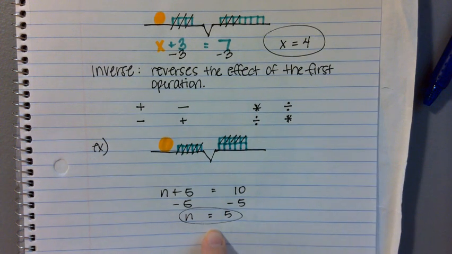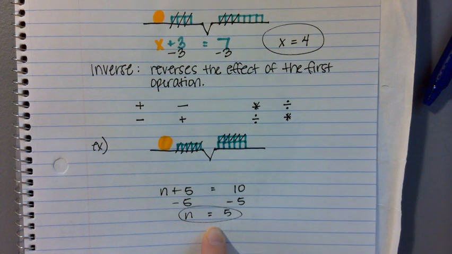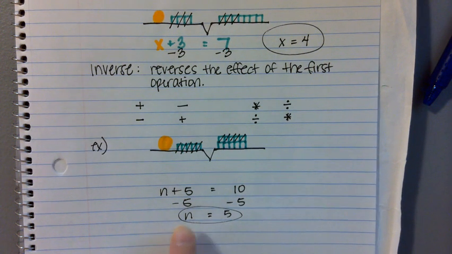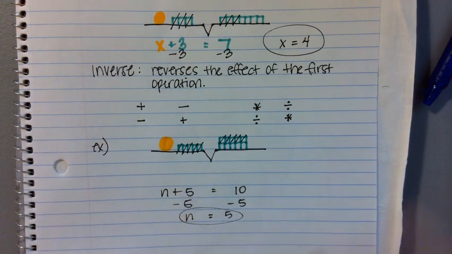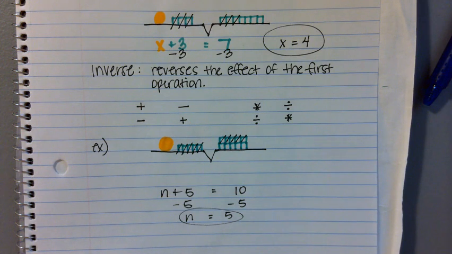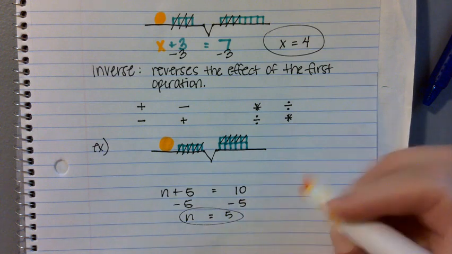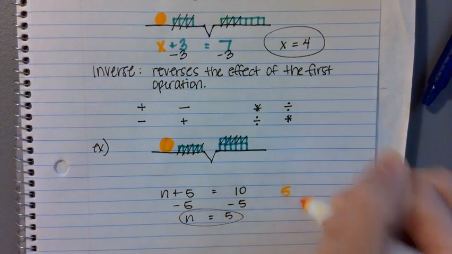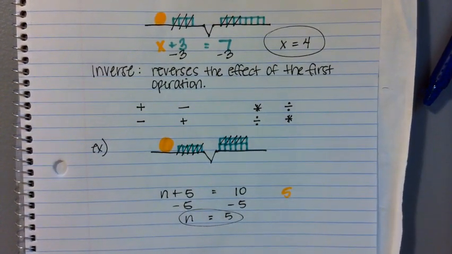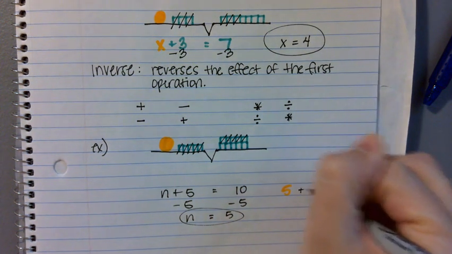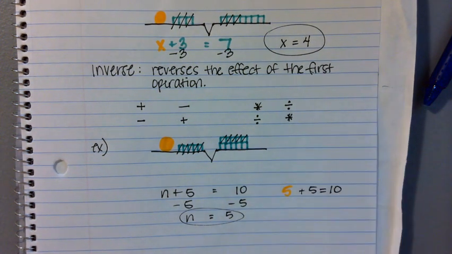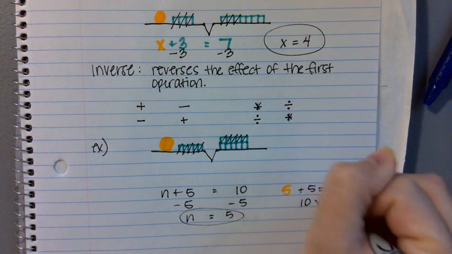But the really nice thing about algebra is that you can actually go back and triple, quadruple check your work, because now I know what n equals. So if I were to plug in n equals 5 in this original equation, and I add 5 to it, would I get 10? 5 plus 5 equals 10.